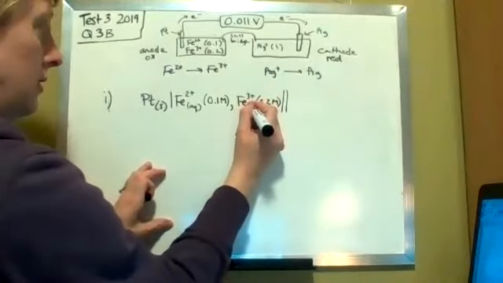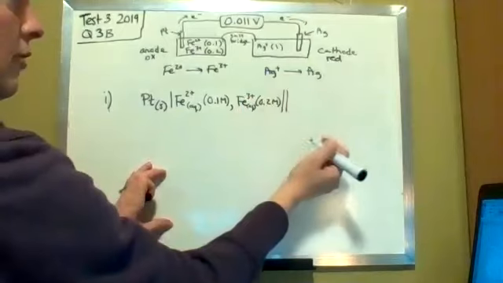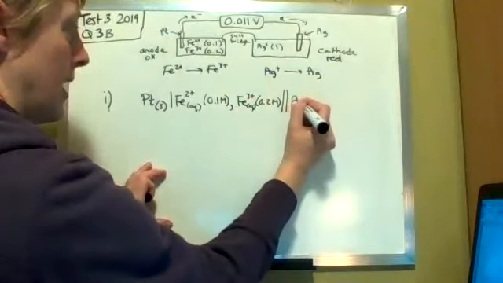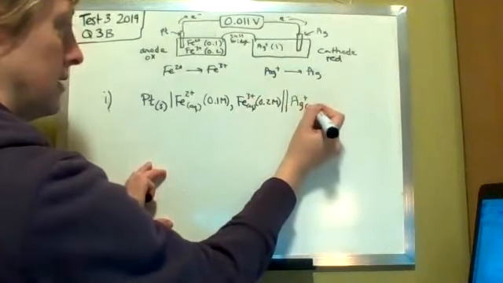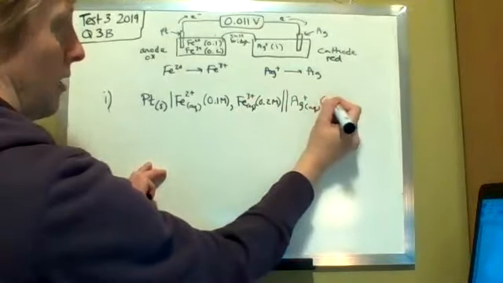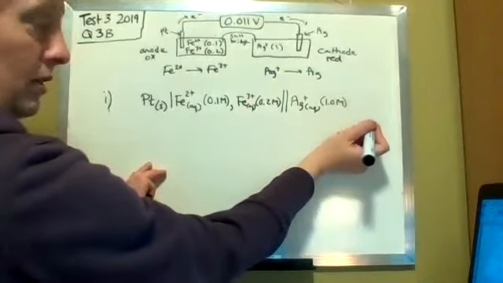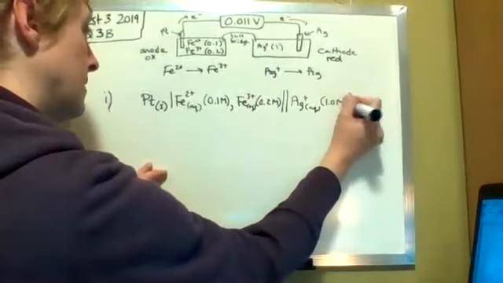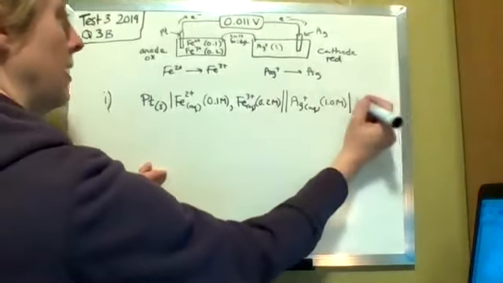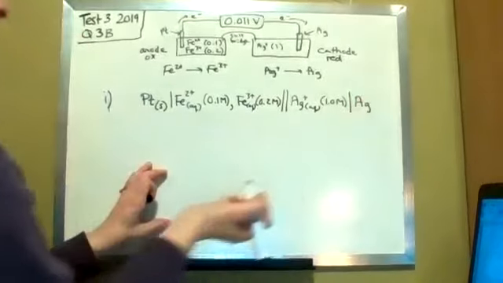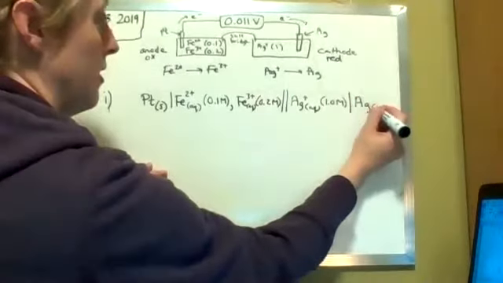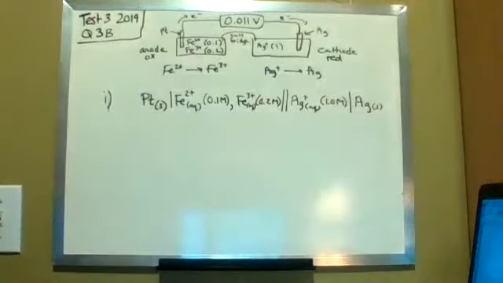Add your little aq over here, going to solid silver. So now we have Ag+ aq, and our concentration of that is 1 molar. And that touches the silver cathode, which is a solid. So here's your cell notation.